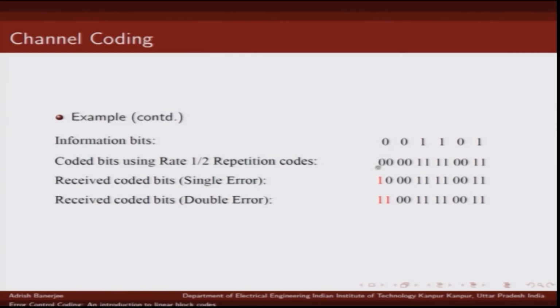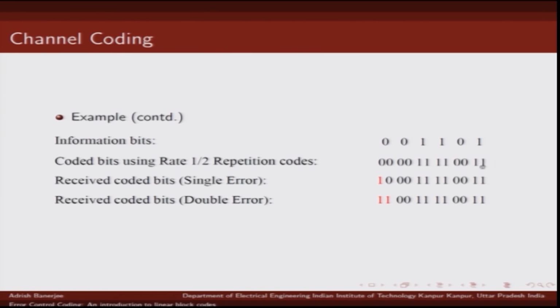For 0 I will be transmitting 0 0, for the next 0 I will again encode it as 0 0, for 1 I will be encoding it as 1 1, and for the next 1 I will be sending 1 1, for 0 I will be sending 0 0, and for 1 I will be sending 1 1. So, this will be my coded sequence.